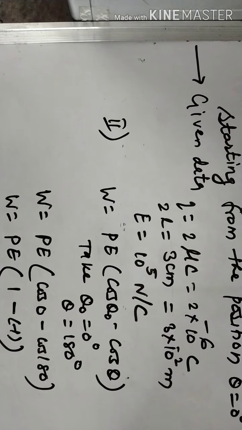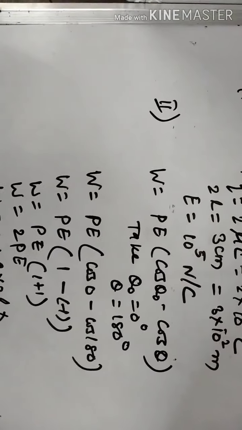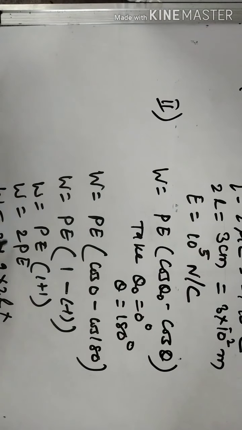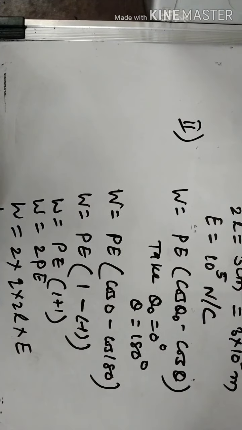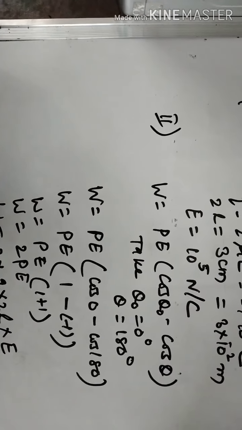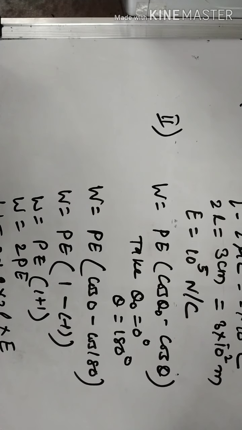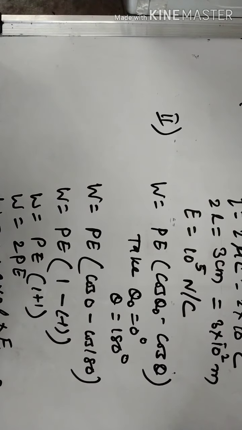So W is equal to 2 into P, and P is Q into 2L into E. What is Q? 2 into 10 to the power minus 6. What is 2L? 3 into 10 to the power minus 2. What is E? 10 to the power 5.